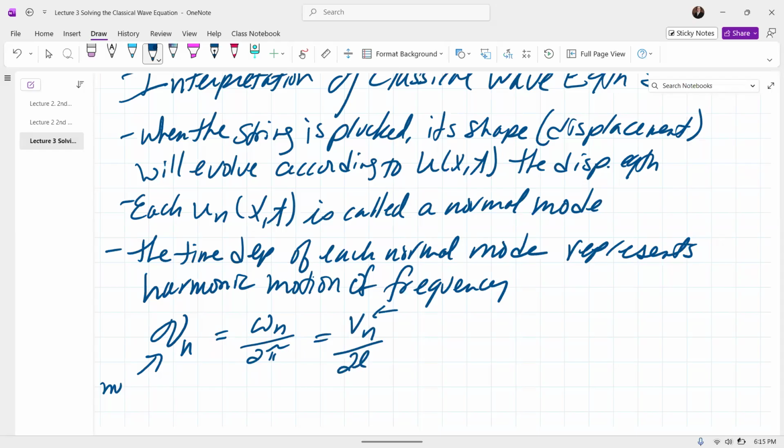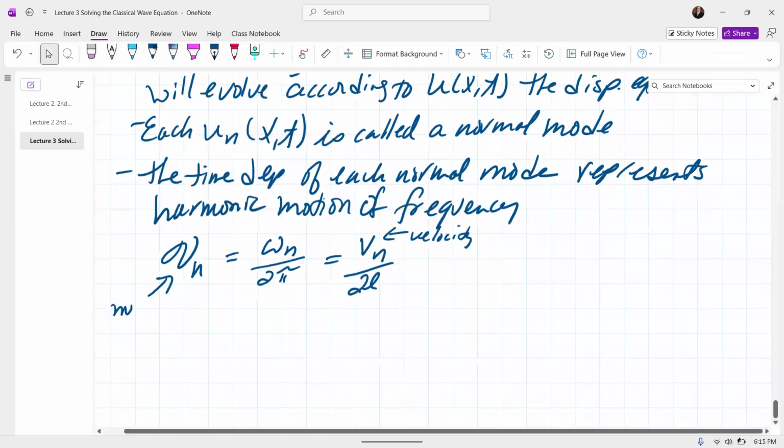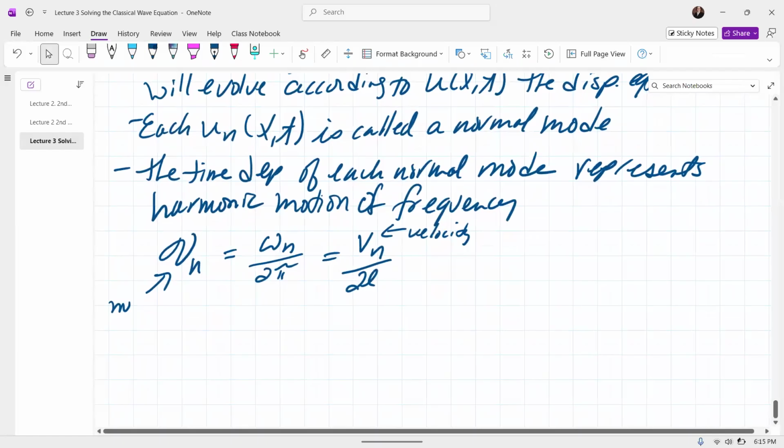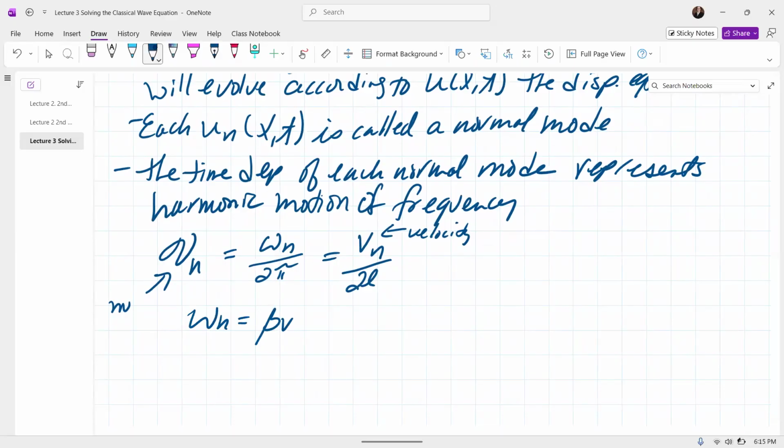This is velocity. Notice the two v's. So therefore, omega sub n equals n pi v over L, where n equals 1, 2, 3.